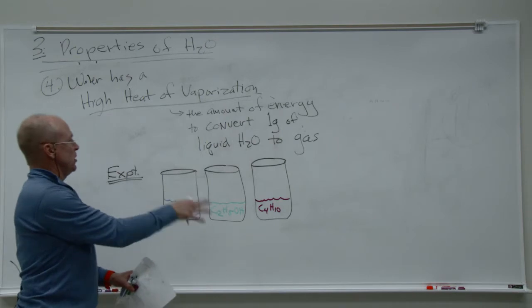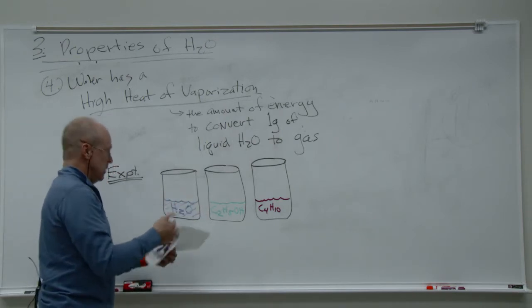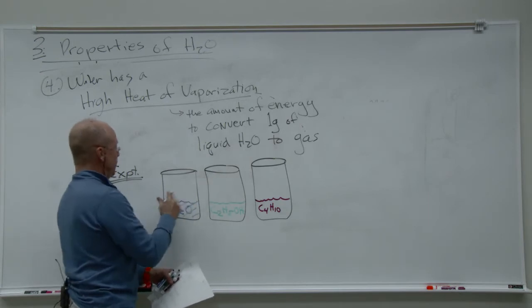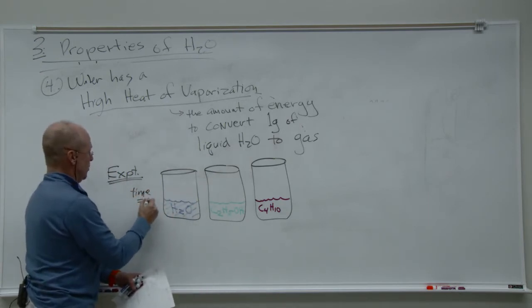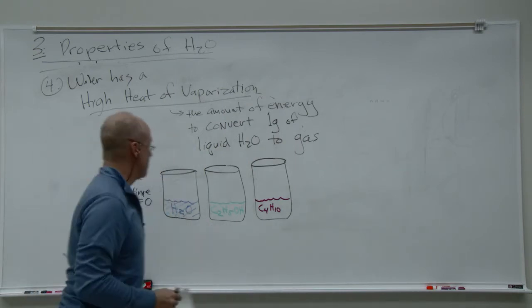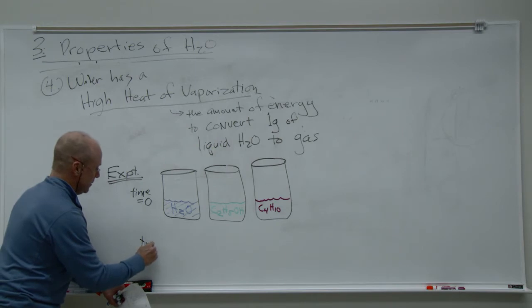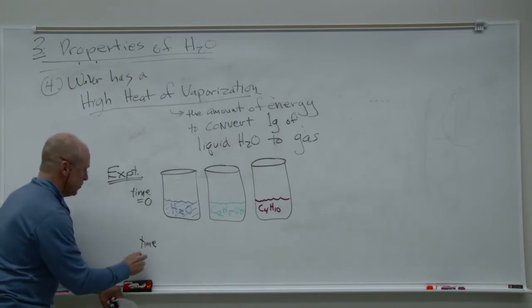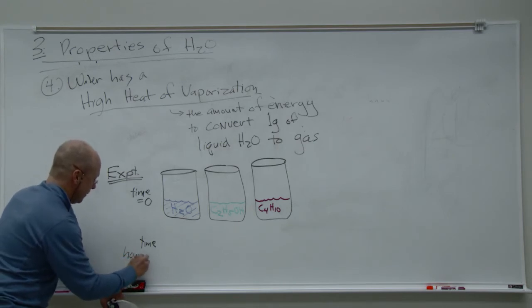Here's the condition of the beakers right here at this represents time equals 0. This is the start of the experiment. And then down here, time, let's just put a good bit later. Hours later.